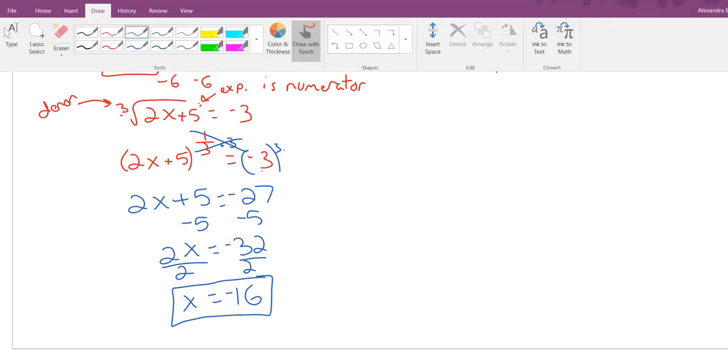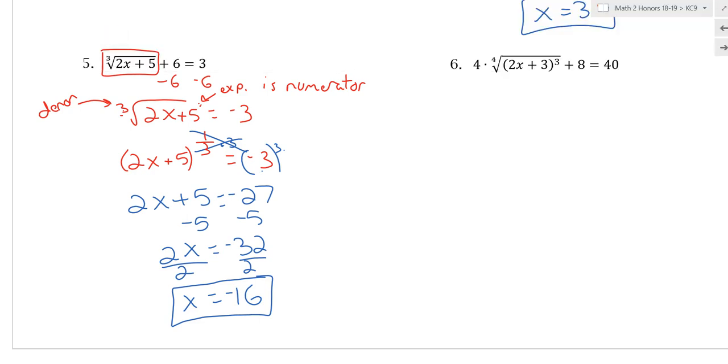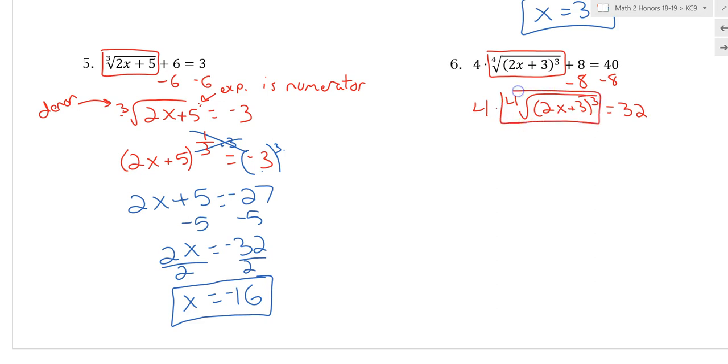All right, last one here. Again, this is my radical, so I want to get it by itself, so I'm going to subtract 8. So I have 4 times the 4th root of, equals 40 minus 8 is 32. This is still what I'm trying to get by itself, so I have to divide by 4. So I have the 4th root of. Okay, I'm going to switch this.